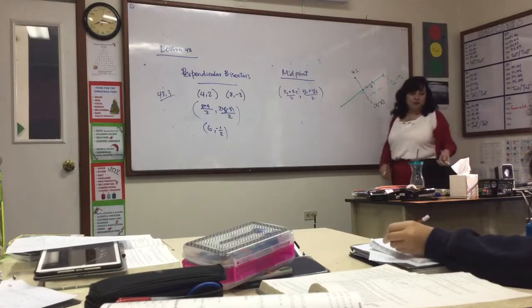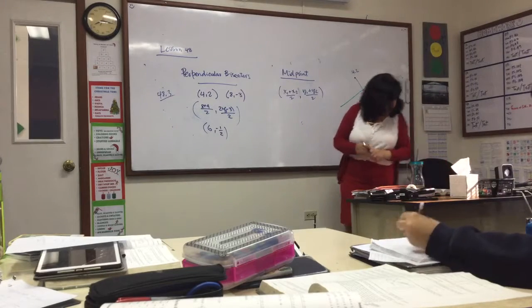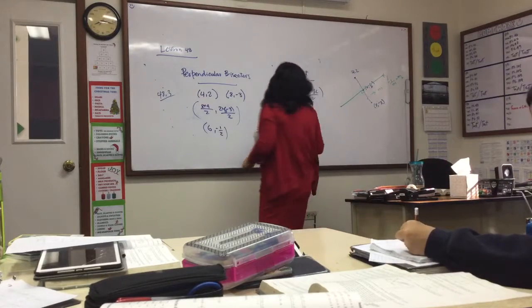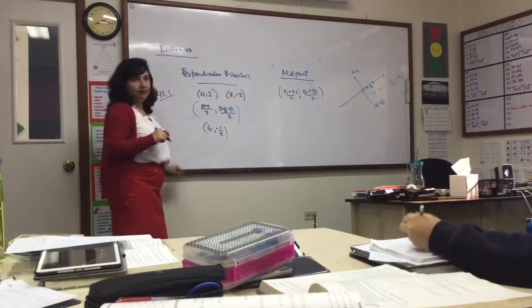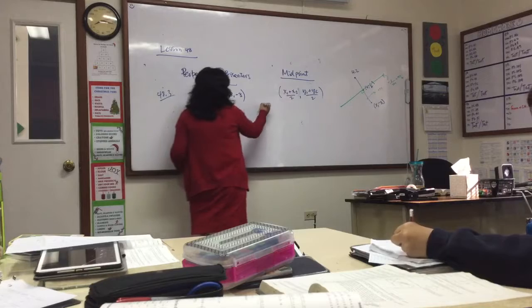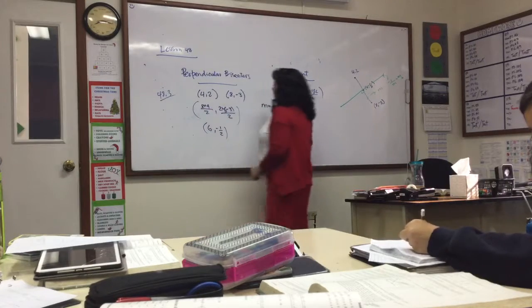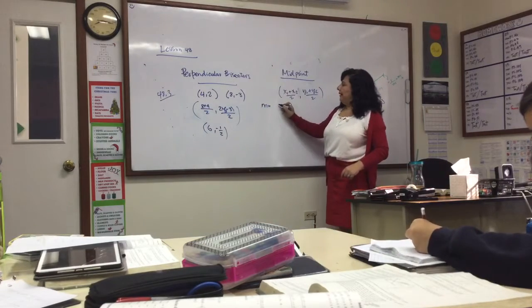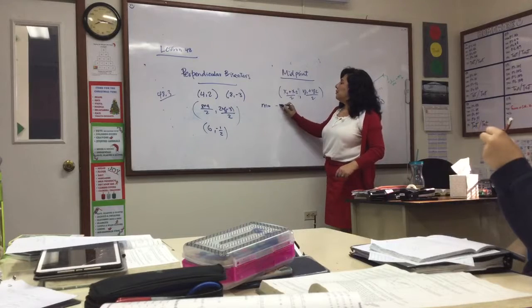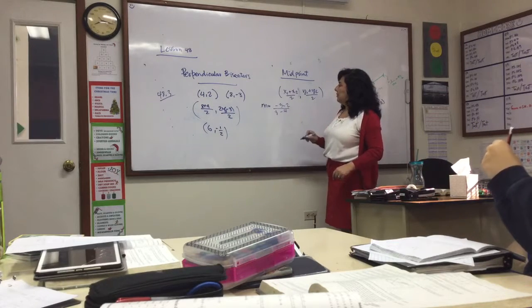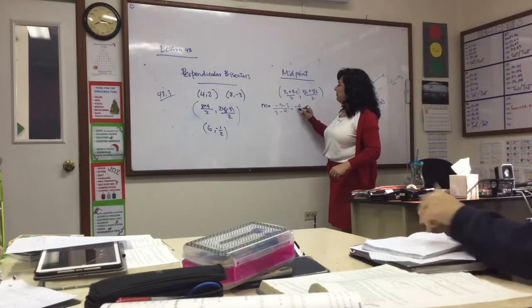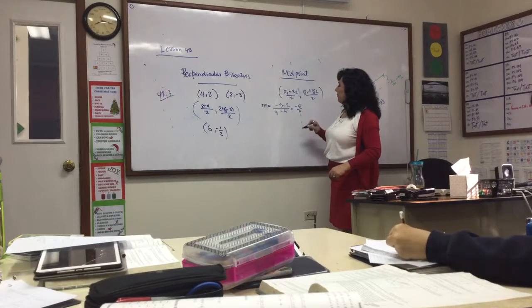So let's find out. How would you find the slope between these 2 points? Just your average slope, right? So this would be minus 3 minus 2 over 8 minus 4. Is that correct? Yes. Minus 5 over 4.